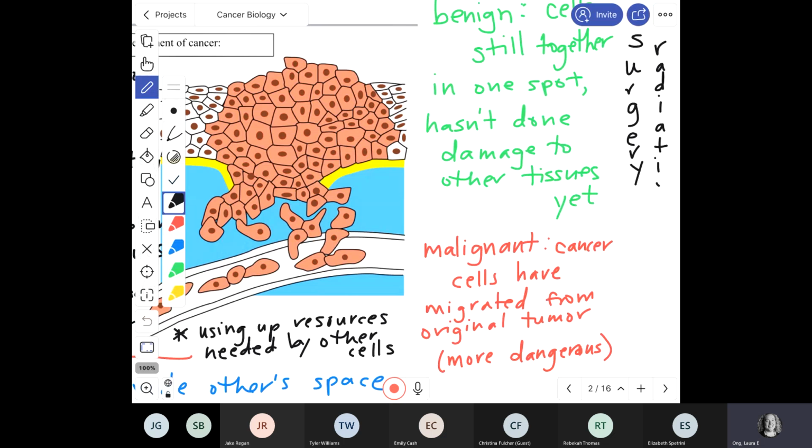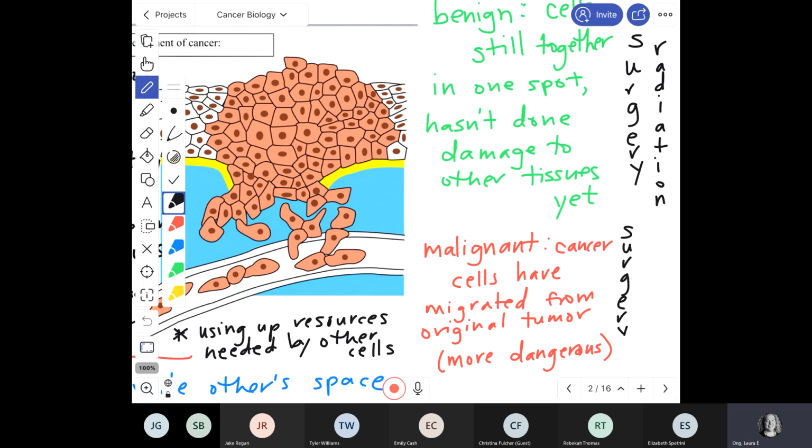If a tumor is malignant, you still would want to take the main mass out of the patient if you can, if that's not going to harm the surrounding tissues. So you would still probably have surgery.